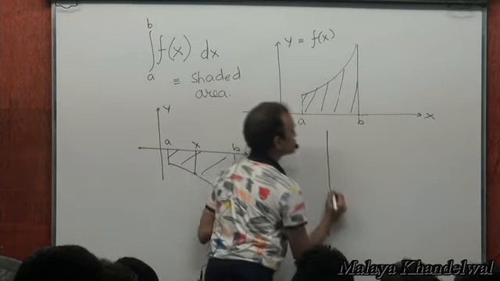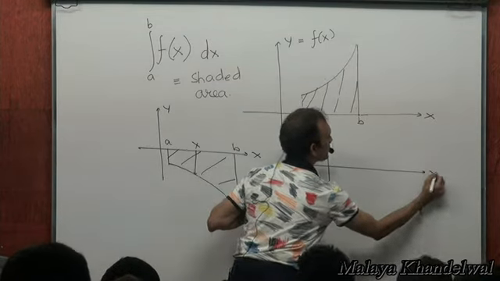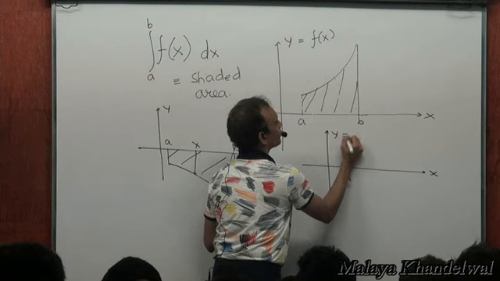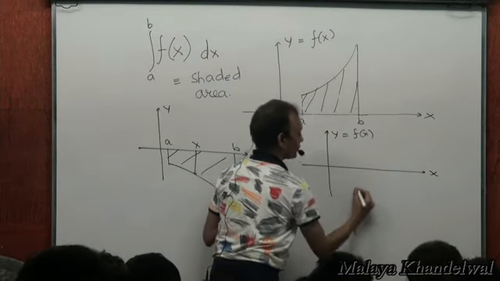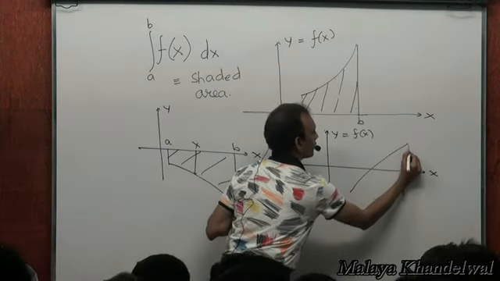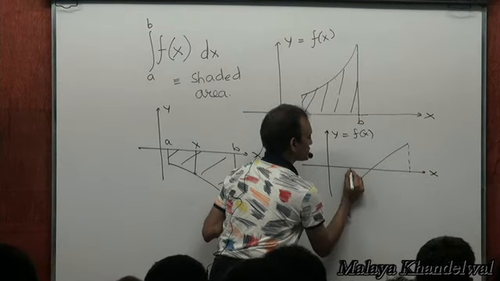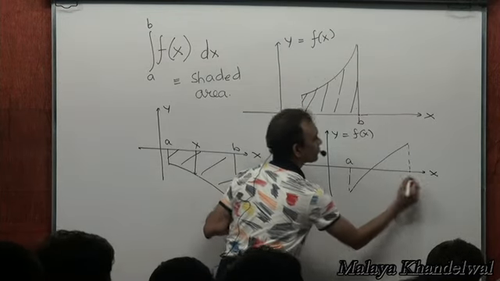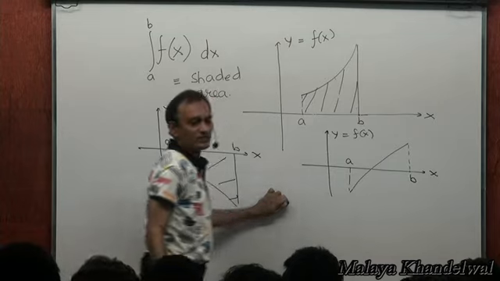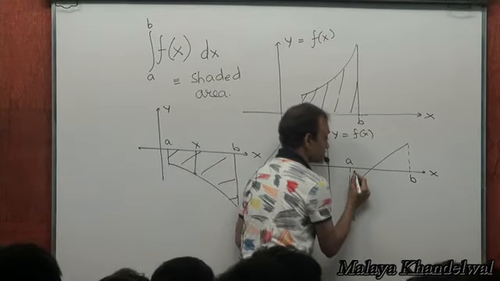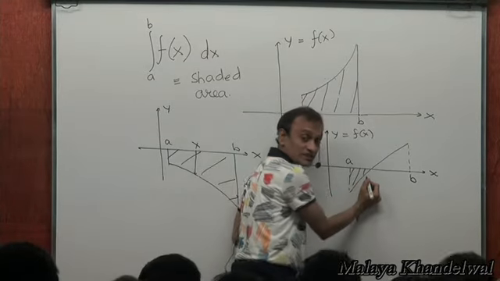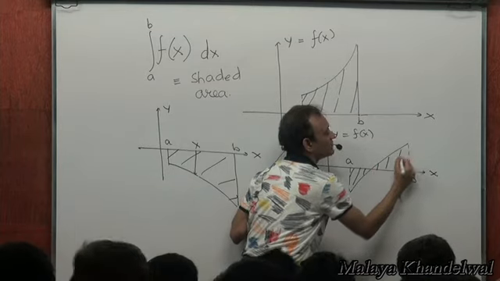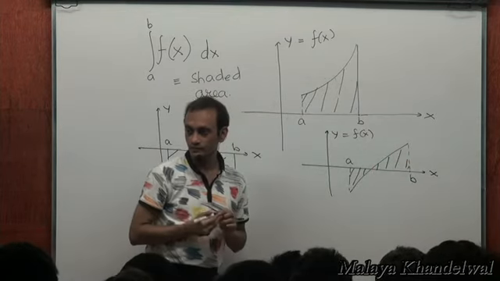Which means, suppose I had something like this. Integral f(x) dx from a to b, then what it represents is this area, which is negative, plus this area, which is positive.